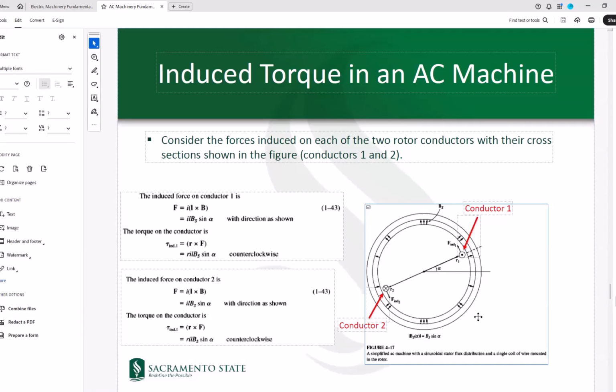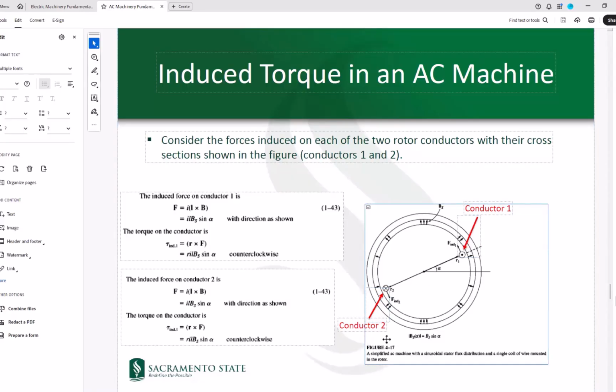One is the B of stator, the other is the B of rotor. Now let's see what forces, and from there what torque, would be induced on that conductor bar that can rotate freely, right? We know that the stator windings cannot move because they're fixed, but we're talking about that rotor bar that can freely rotate or spin.